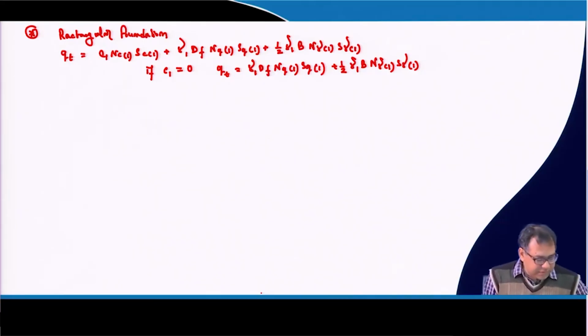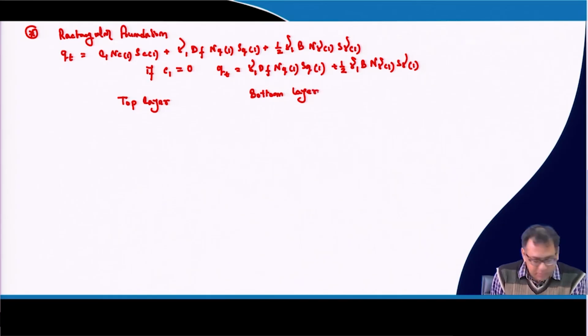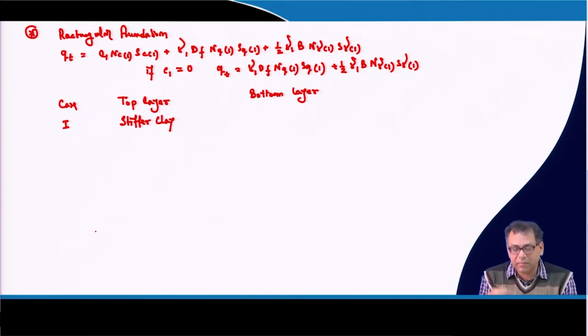So, now I will take a different example problem, and what cases are possible. Suppose this is my top layer and this is my bottom layer. First case, case 1: the top layer is the stiffer clay, because I have considered the top layer is stronger compared to the bottom layer.